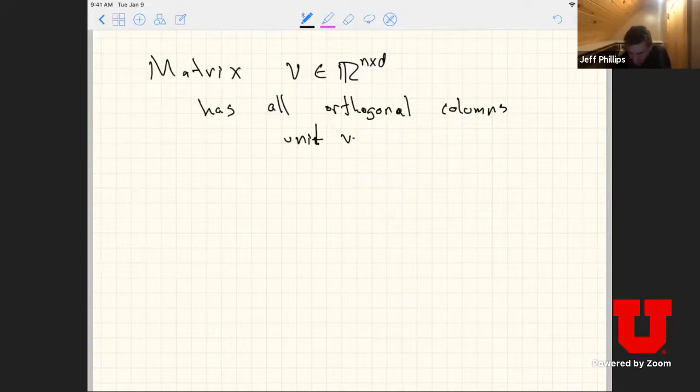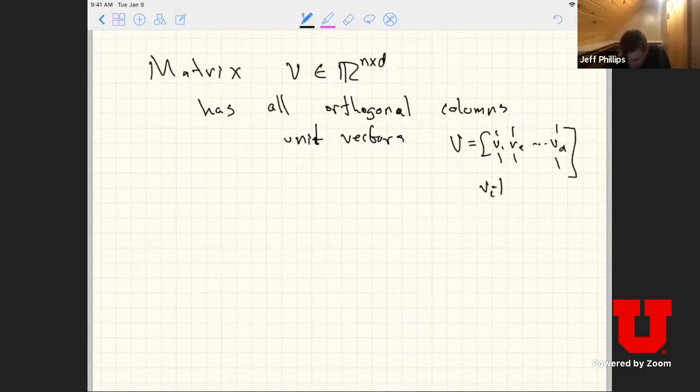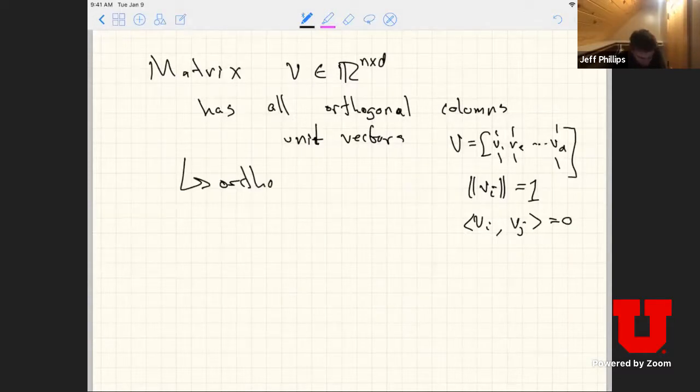Okay, so V is equal to V1, V2, up to Vd. And if the norm of each of these Vi is equal to 1, and Vi dot Vj is equal to 0, then this matrix is called orthonormal.